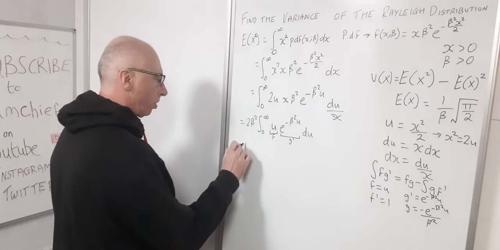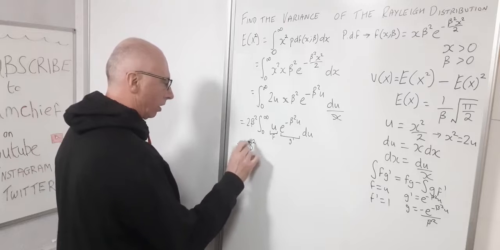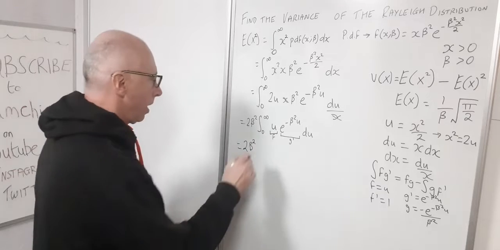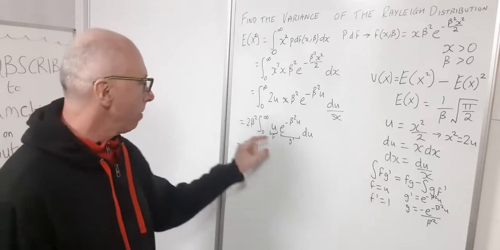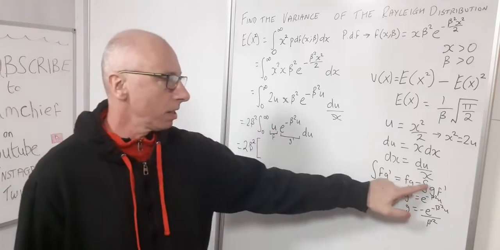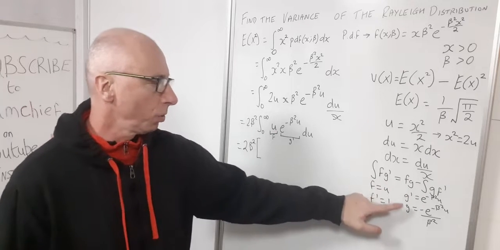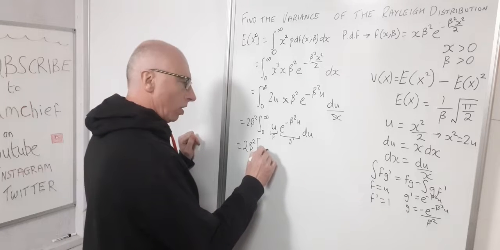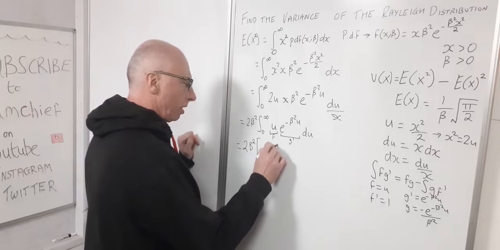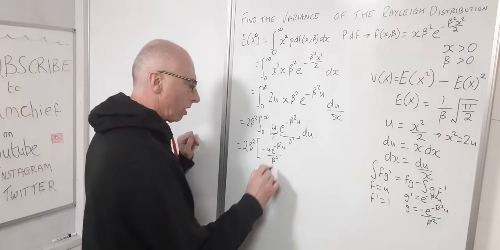So now I've got 2 beta squared. So let's put that in there. And then that's going to multiply the whole thing. So f g prime, that is that. So this is now part of my answer. So on f times g, which is u times this. So I've got minus u e to the minus beta squared u over beta squared.